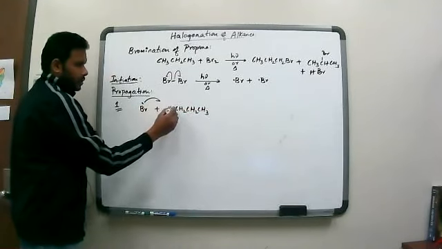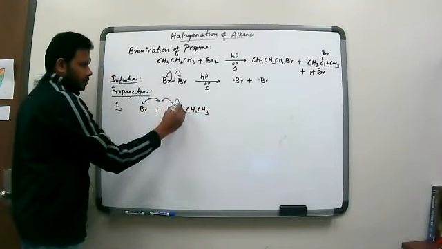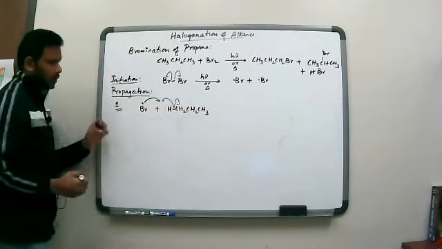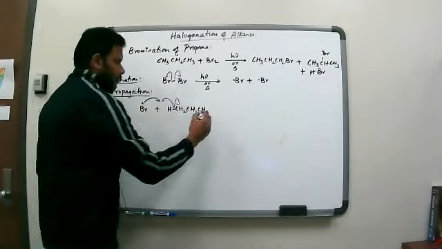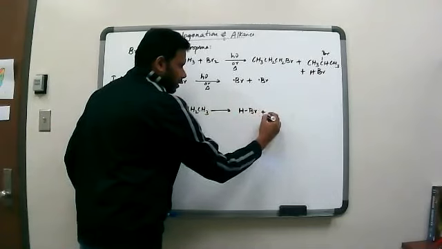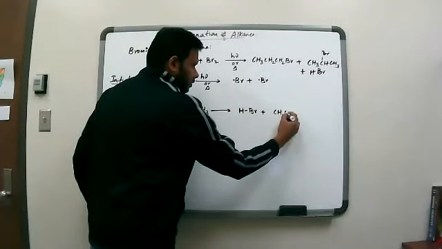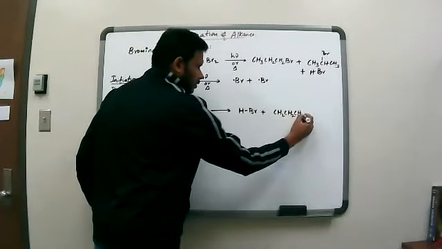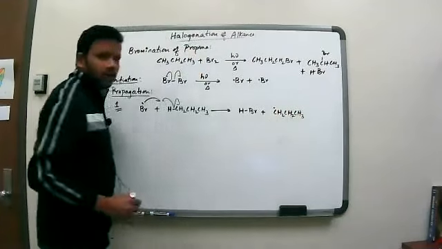The bromine brings an electron, fragments, brings an electron, the other electron goes to the carbon atom, and this is going to give us HBr plus the primary carbon radical.